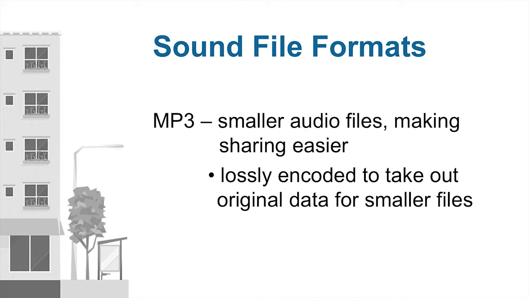Another category of files are MP3s. Now, MP3s came about during the rise of the internet when people realized they wanted to share files with one another, and in order to do so, they needed to have smaller audio files, as WAV files were too big to share. So MP3 files are lossily encoded, and this means that there are a set of complex algorithms that are run along the sound file to take out some of the data from the first original recording.